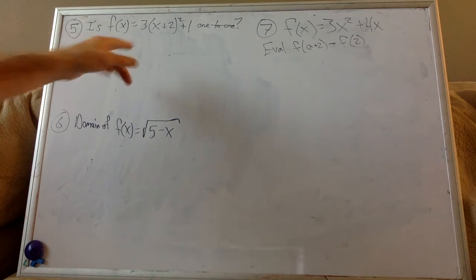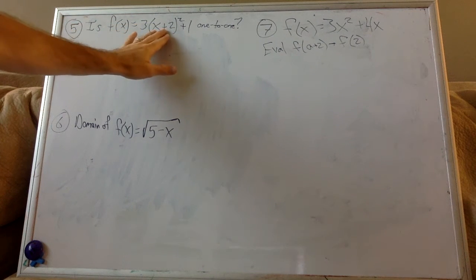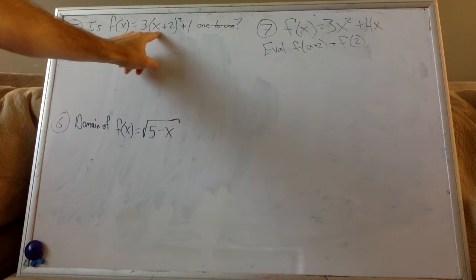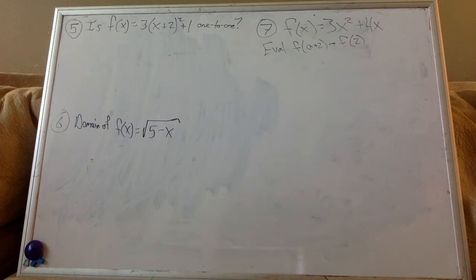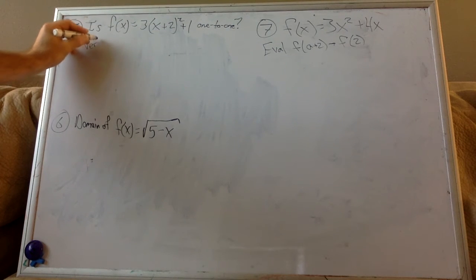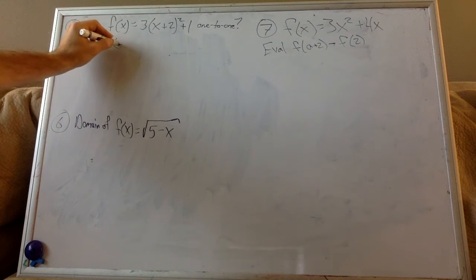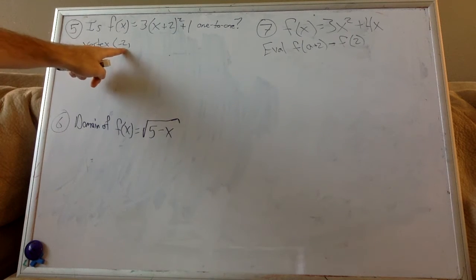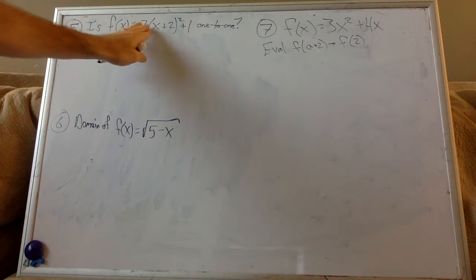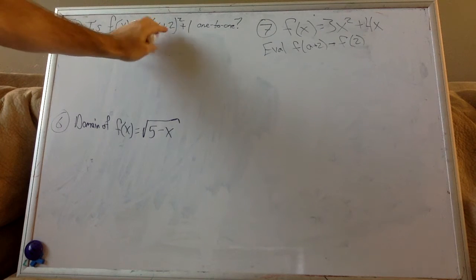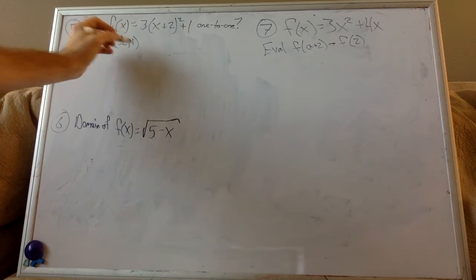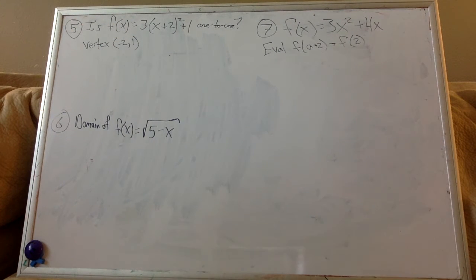What x value would get me back to 0 here? Since that would be negative 2, my vertex has an x value of negative 2. If I put in negative 2, that gives me 0 squared, multiplied by 3 is still 0, and then I shift up 1.